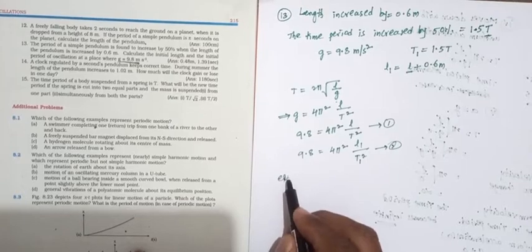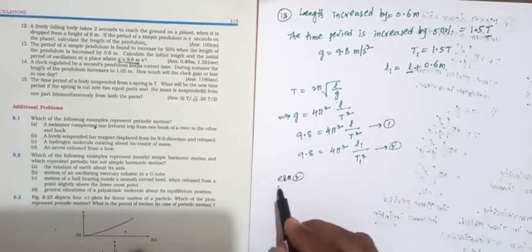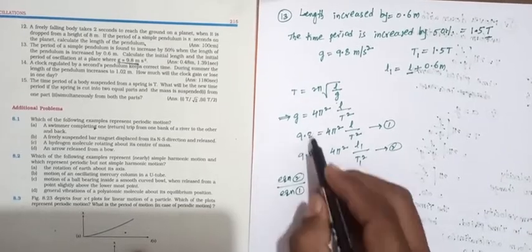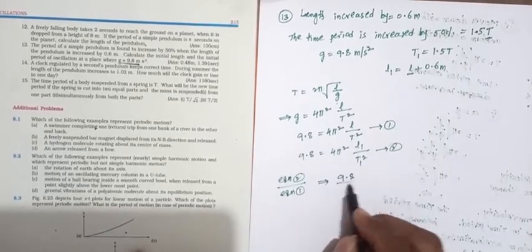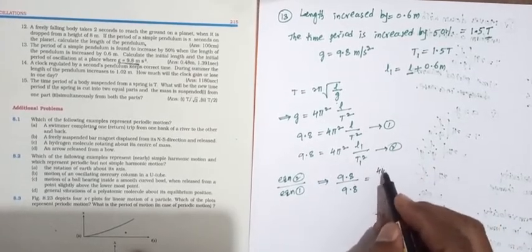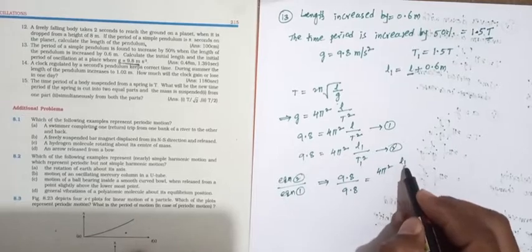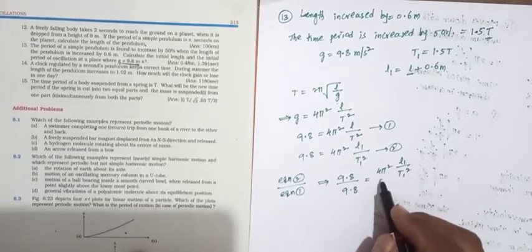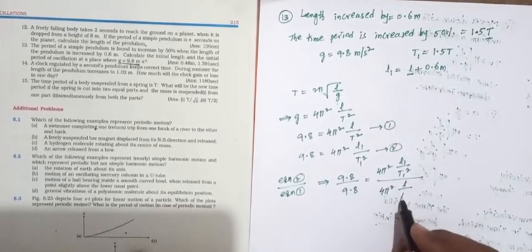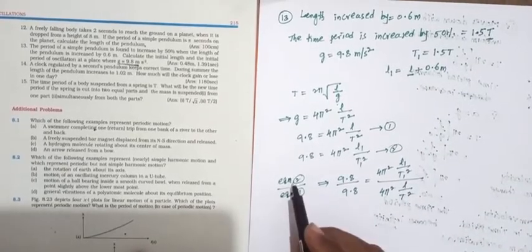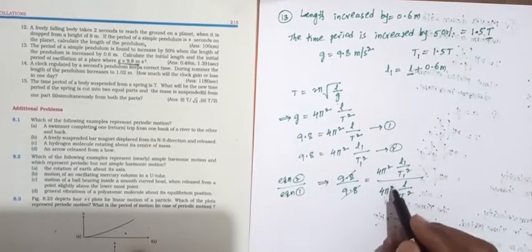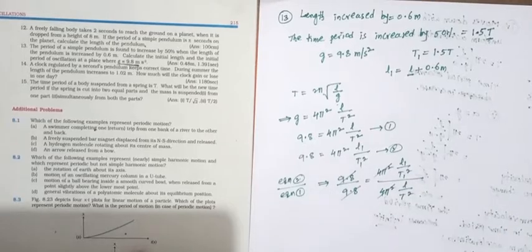Equation number 2 is divided by equation number 1. We get 9.8 divided by 9.8 equals 4 pi square L1 by T1 square divided by 4 pi square L by T square. Equation 2 by equation 1: 9.8 and 9.8 cancel, 4 pi square cancel.